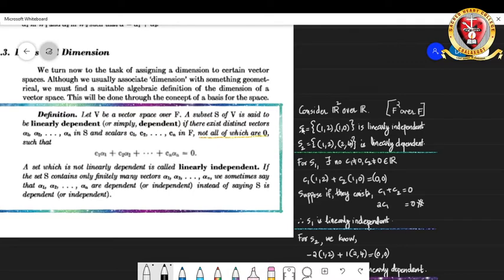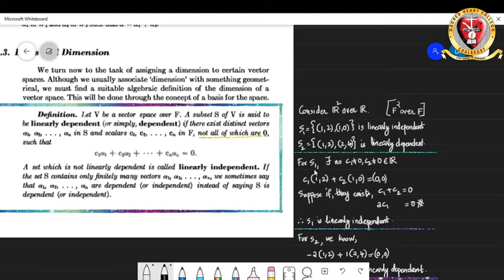I am going to define a set S1 equal to the set of ordered pairs (1,2), (1,0). Definitely S1 is a subset of R2, right? And I'm also defining S2 equal to the set (1,2), (2,4). That is also a subset of R2, and I'm claiming that S1 is linearly independent and S2 is linearly dependent. We are going to illustrate how this definition works.